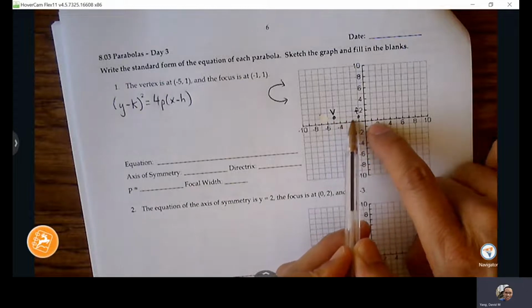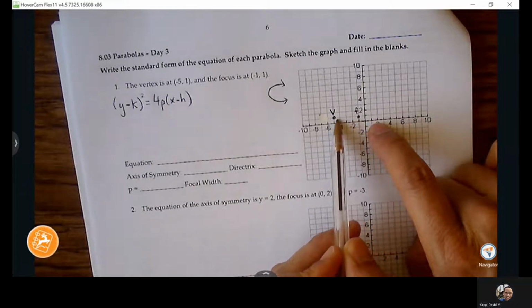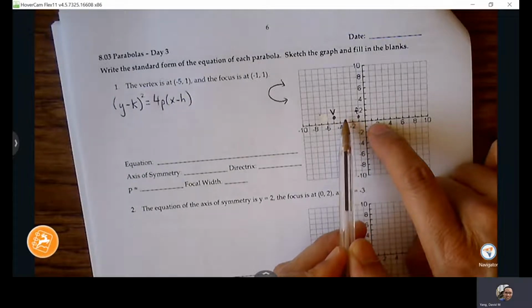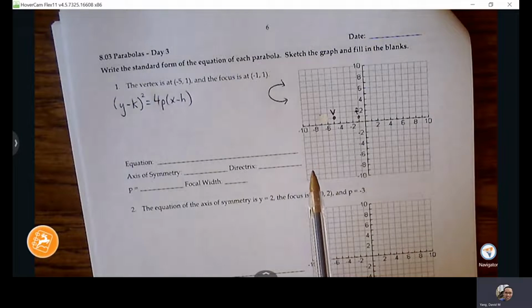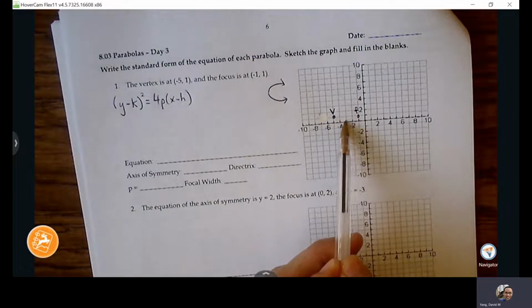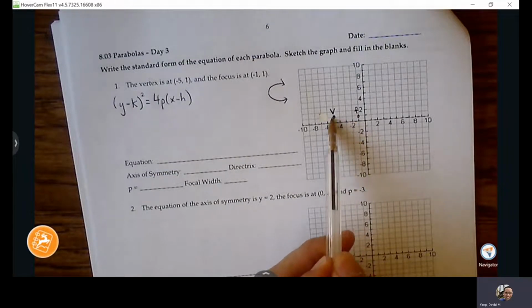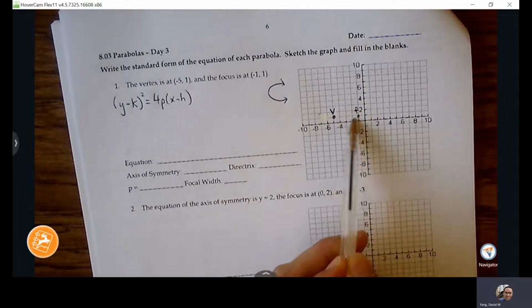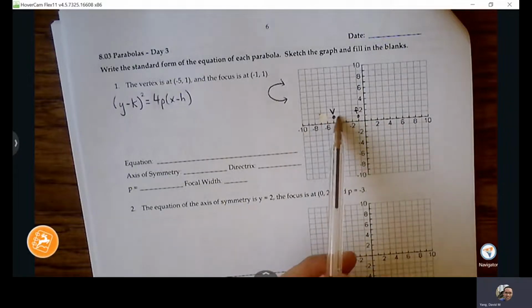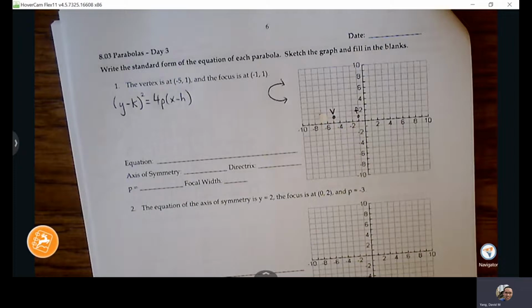What's that distance called? What did we discover yesterday when we counted? That's a p-value, right? From your vertex you can count a distance to get to your focus, and then count the other direction to get to your directrix, and that distance from the vertex to the focus is going to be your p-value, right? So what's our p-value here? 1, 2, 3, 4, right? 4.